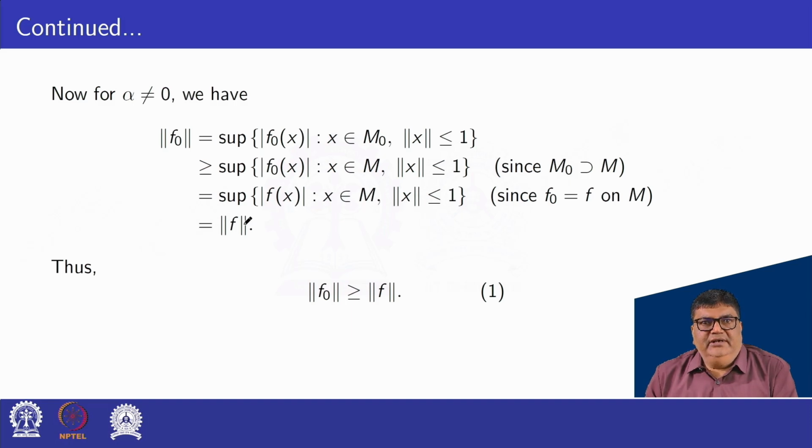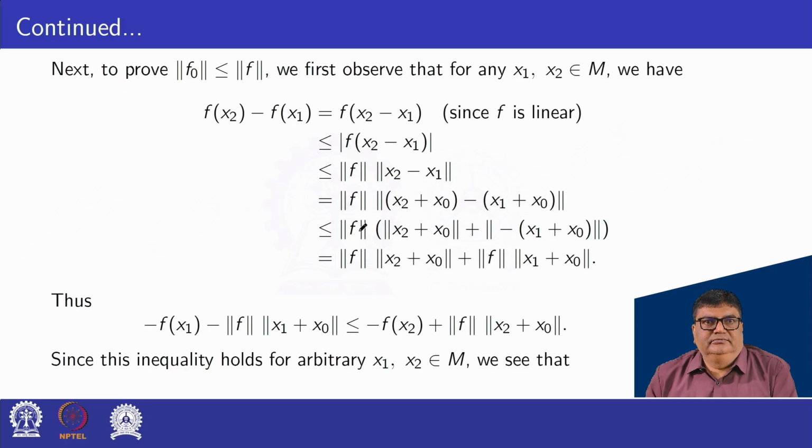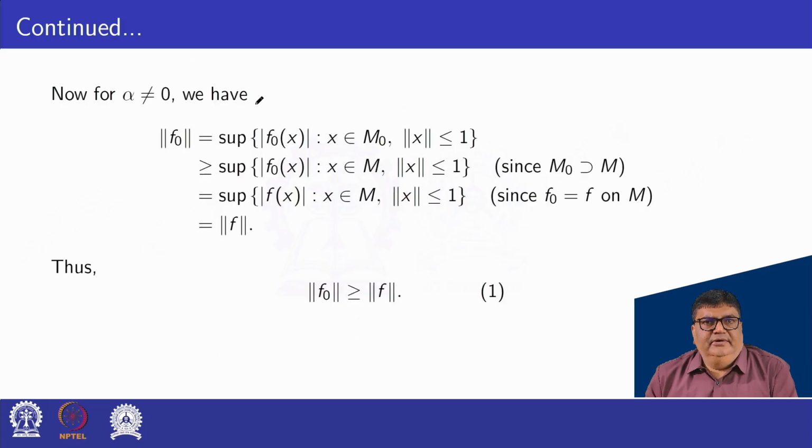This can be written as norm f. Therefore, norm f0 greater or equal to norm f. Okay, thus norm f0 greater or equal to norm f. Equation 1.